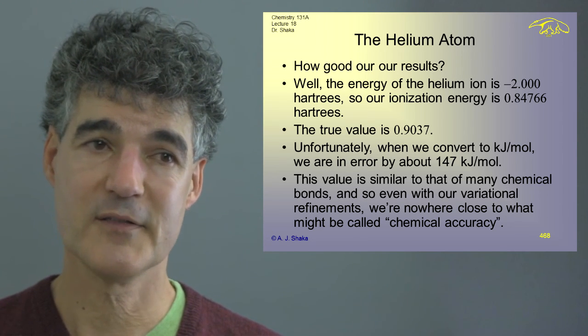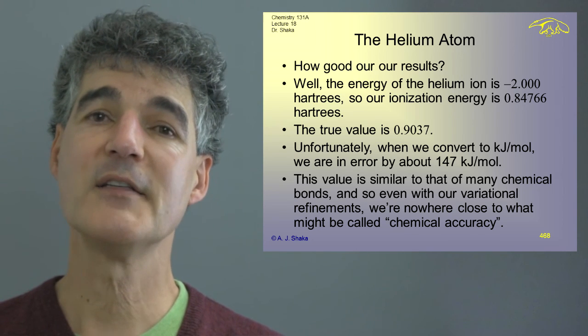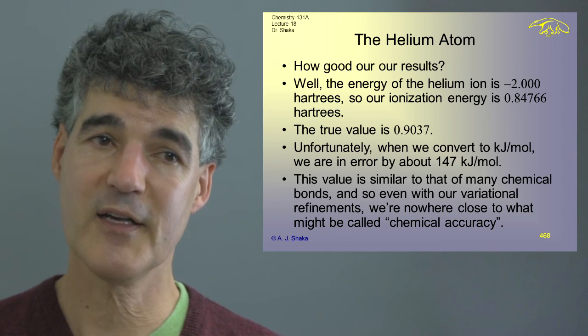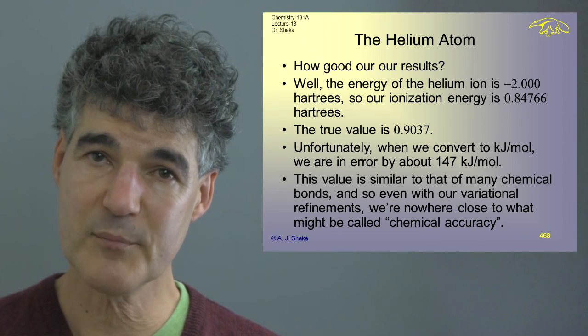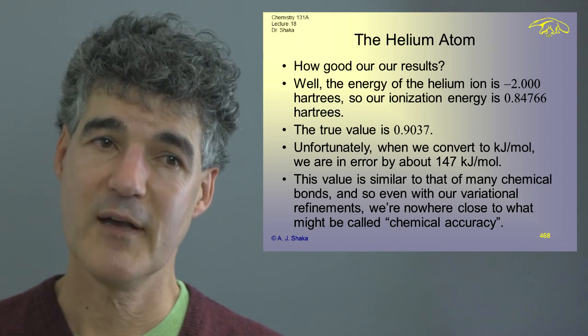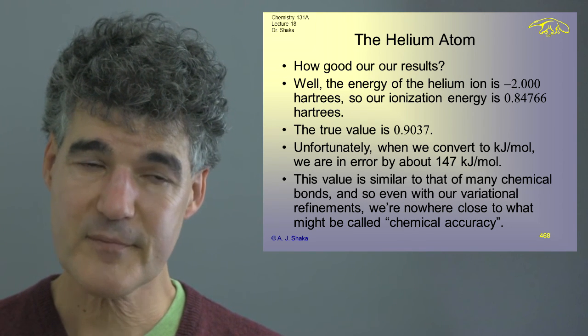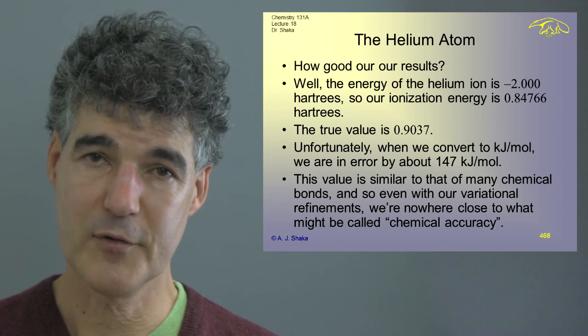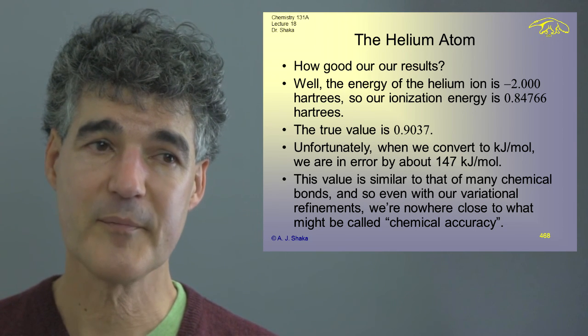So that is known. And our ionization energy then, if we're minus 2.846, the energy to boot one electron off, is 0.84766. The true value is 0.9037 to boot an electron off helium.